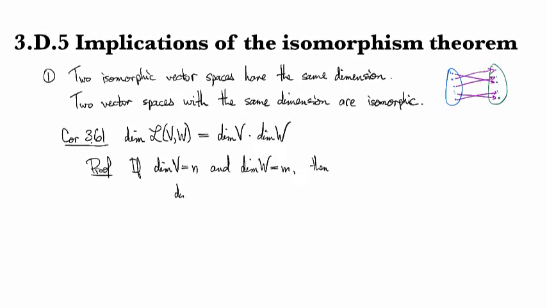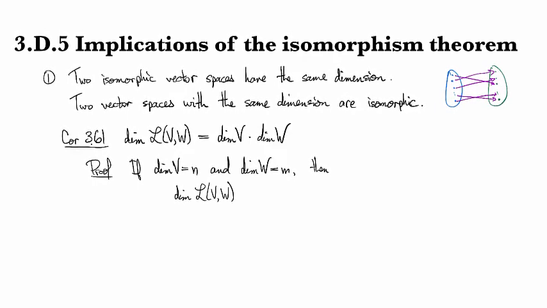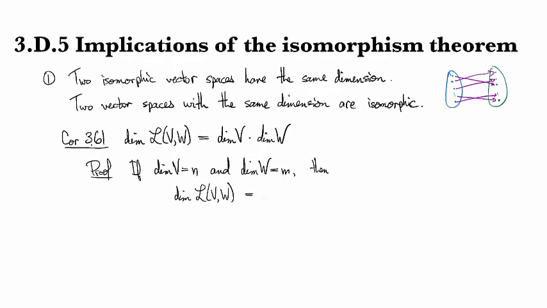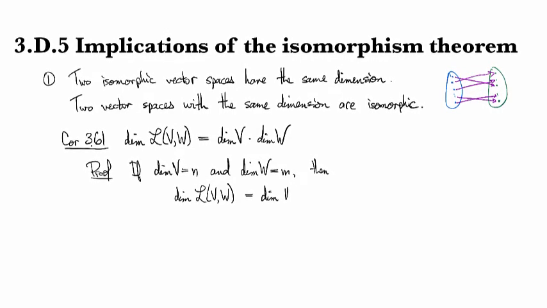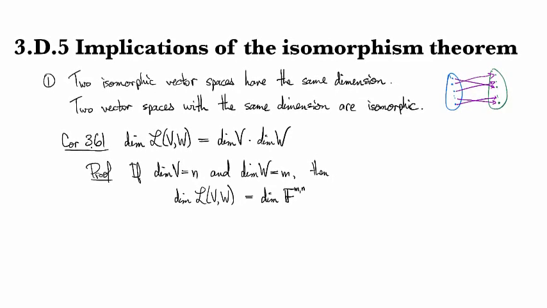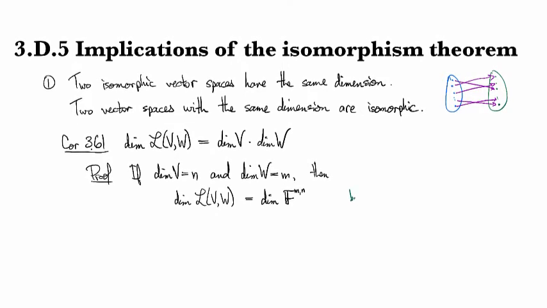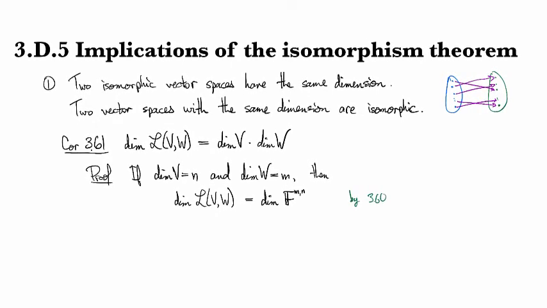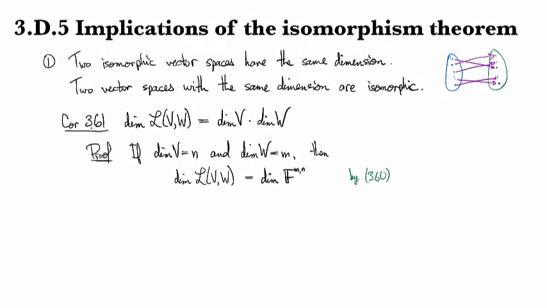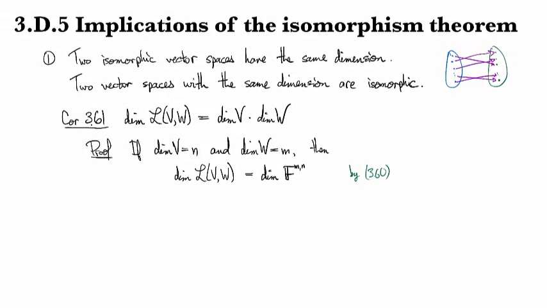If we look at the dimension of L(V,W), that's going to be the dimension of F^(m×n), because we saw in a theorem, that was 360, that L(V,W) is isomorphic to F^(m×n).